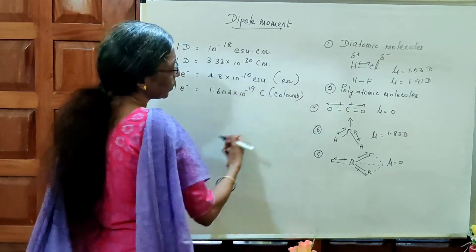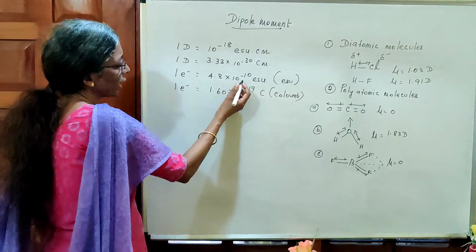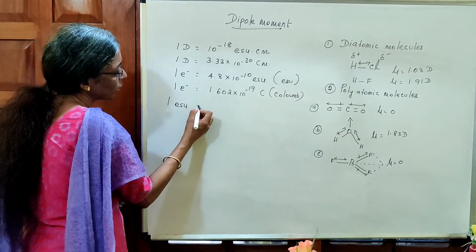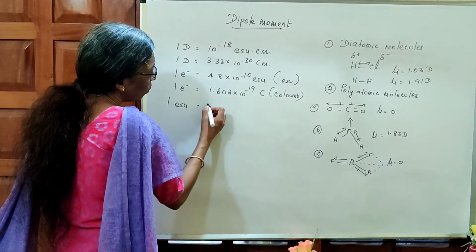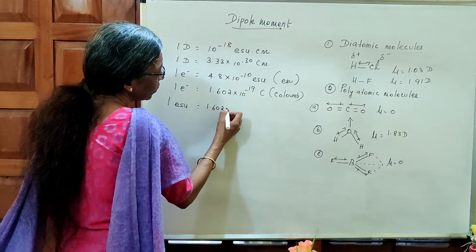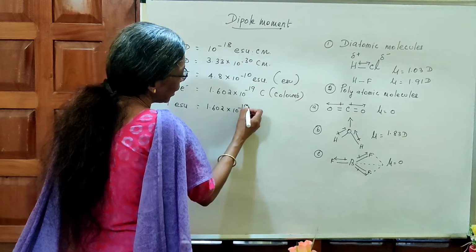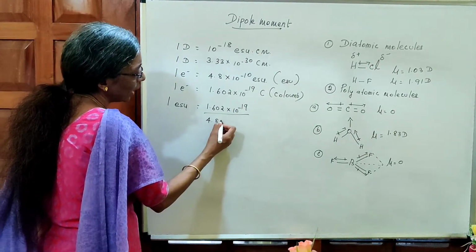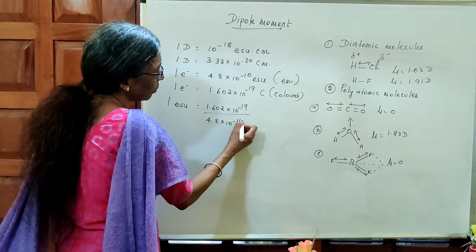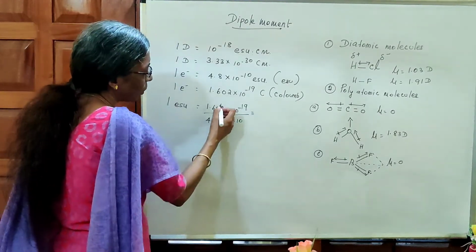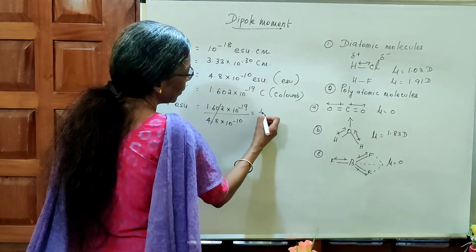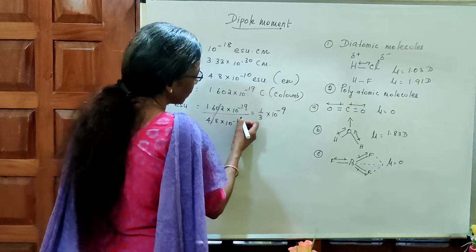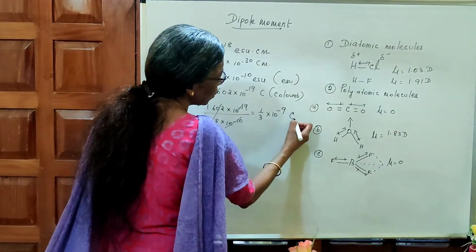Now we can calculate the value of 1 ESU. 1 ESU is equal to 1.602 into 10 raised to minus 19 divided by 4.8 into 10 raised to minus 10, which is approximately 1 by 3 into 10 raised to minus 9 coulomb.